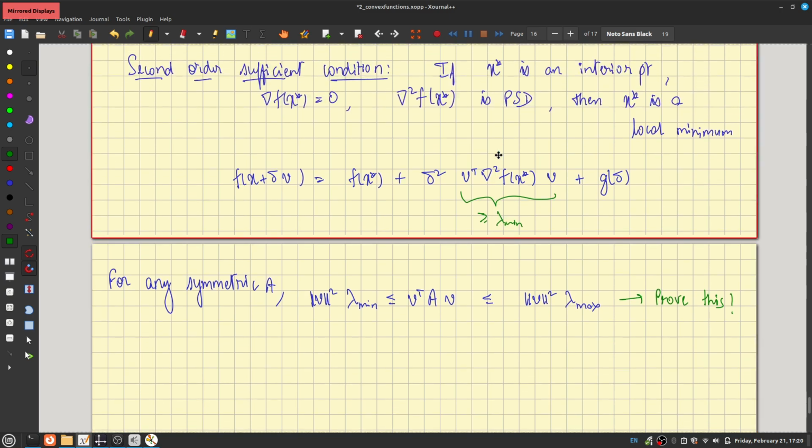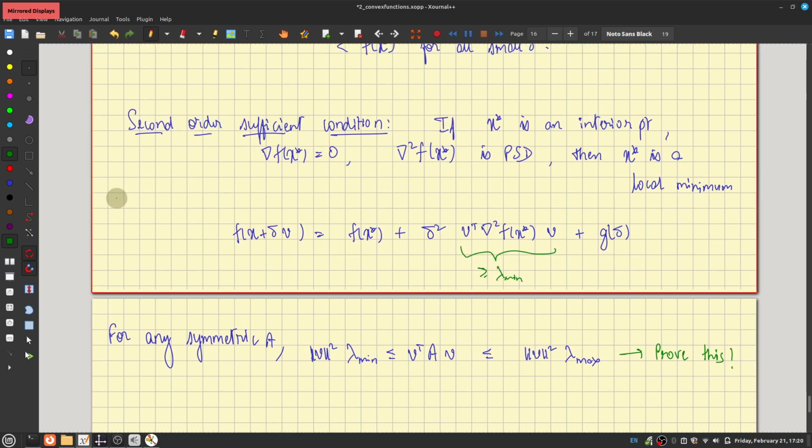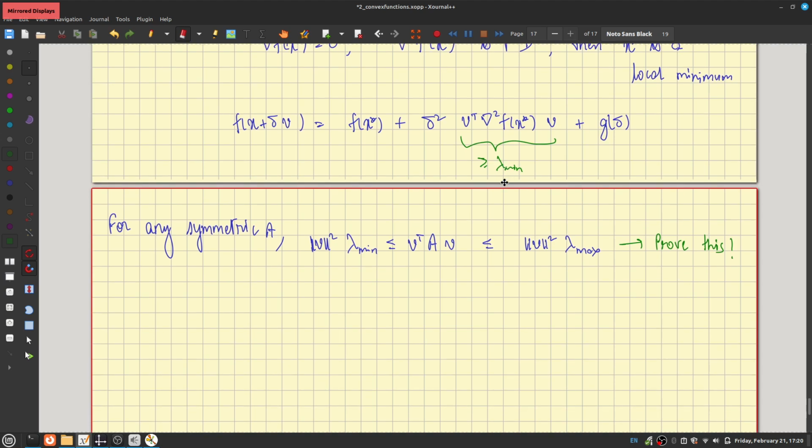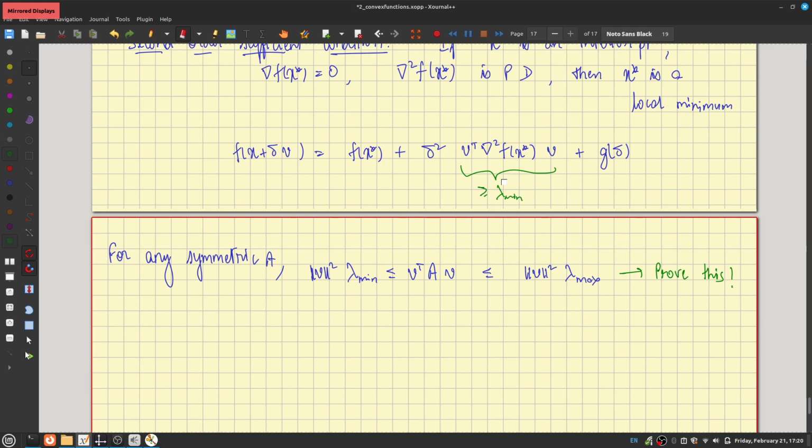Okay, I made a little bit of an error over here. I should say that if it is positive definite, then you're guaranteed that this is a local minimum. Just positive semi-definiteness need not guarantee that it's a local minimum.